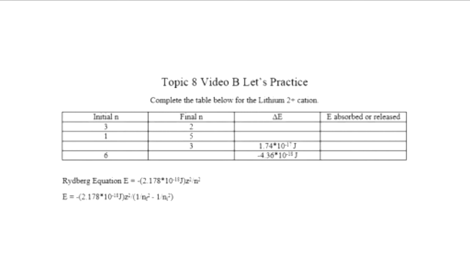Because we're going from an initial n to a final n, we use a modified version of this equation, which is n squared replaced by 1 over n final squared minus 1 over n initial squared, following the rules of PEMDAS.